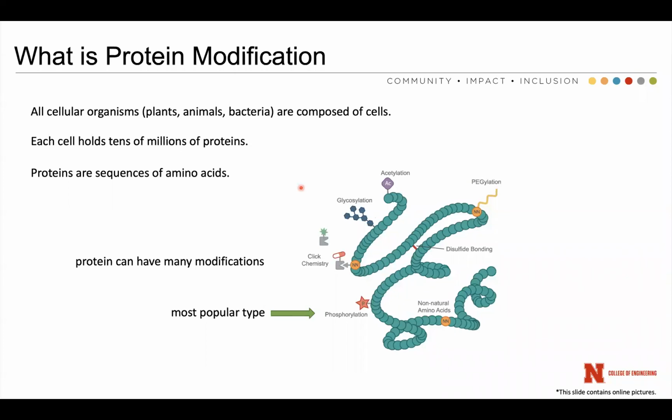All kinds of lives in this world are called cellular organisms. No matter for plants, animals, and bacteria, they are all composed of cells. Each cell holds tens of millions of proteins. From information point of view, proteins are just sequences of amino acids.